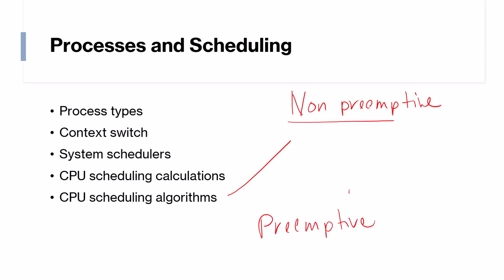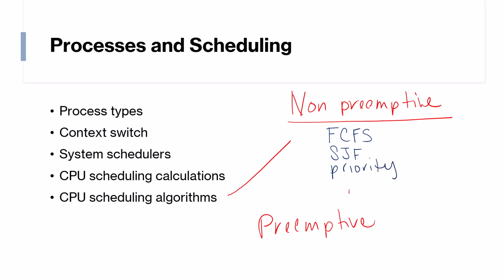A non-preemptive algorithm is one in which as soon as a process gets on the CPU, it continues with its current burst and does not relinquish the CPU until it has completed its current burst. Some non-preemptive algorithms could be first come, first serve, shortest job first, or priority.